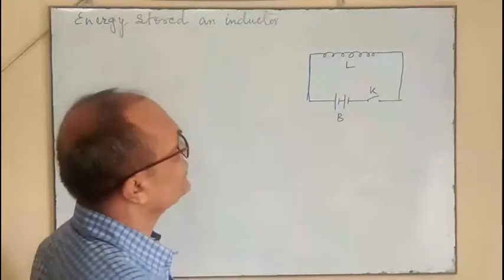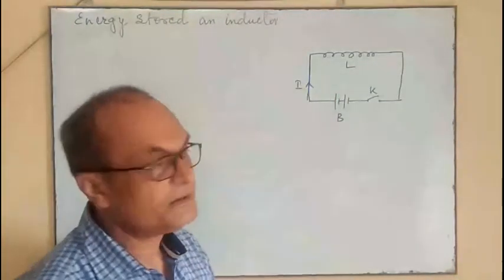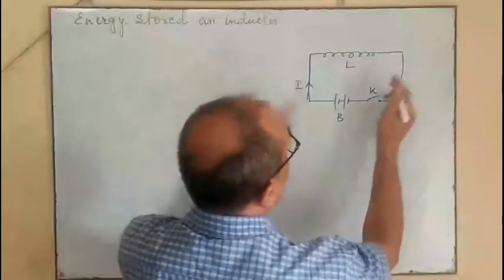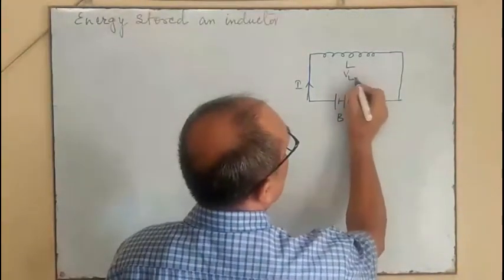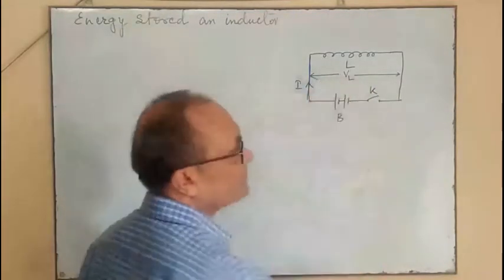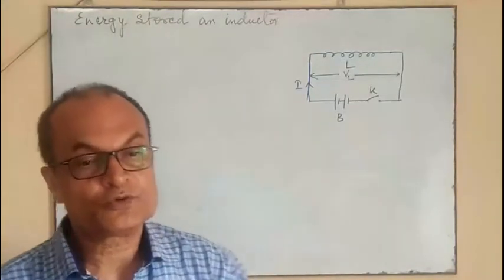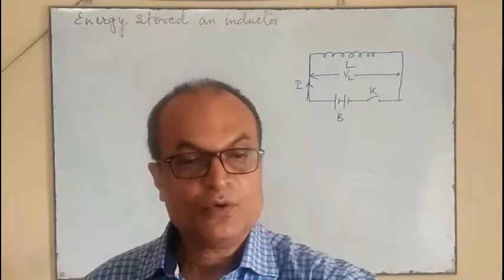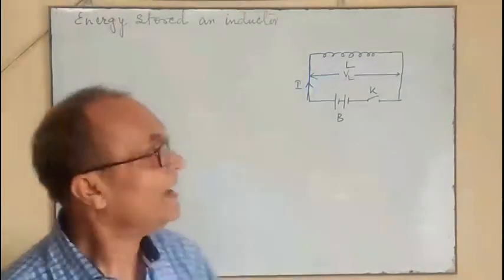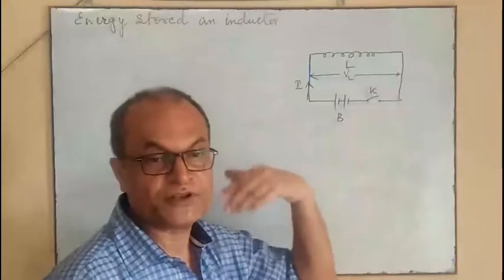Suppose a current I flows through this, and the potential difference across this is, suppose, VL. Then what will happen? If current I flows through that inductor, an EMF epsilon is induced in this inductor in the opposite direction.